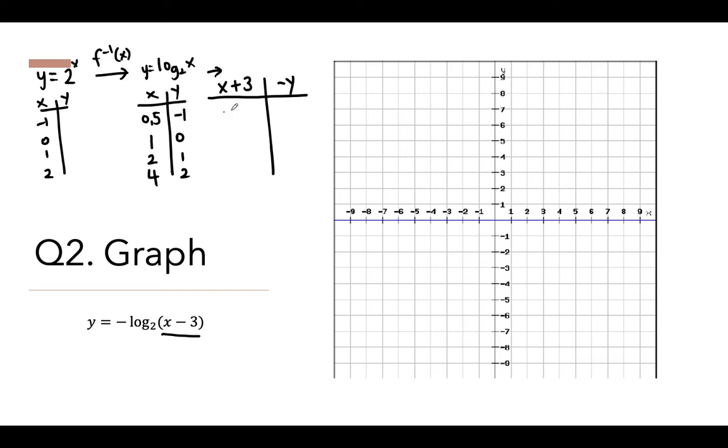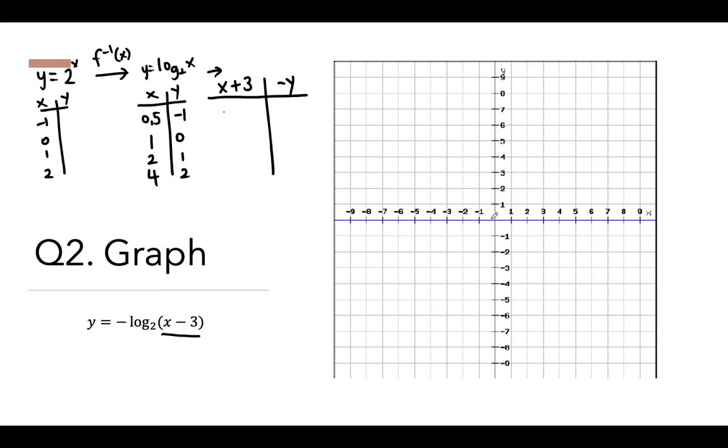Now, let's say I did not want to do the mapping rule. If I did not want to do the mapping rule, you can go from the logarithmic form and then reflect through the x-axis and then move to the right 3 steps. Maybe I can show you that way. So what we can do is draw the logarithmic 2x here.